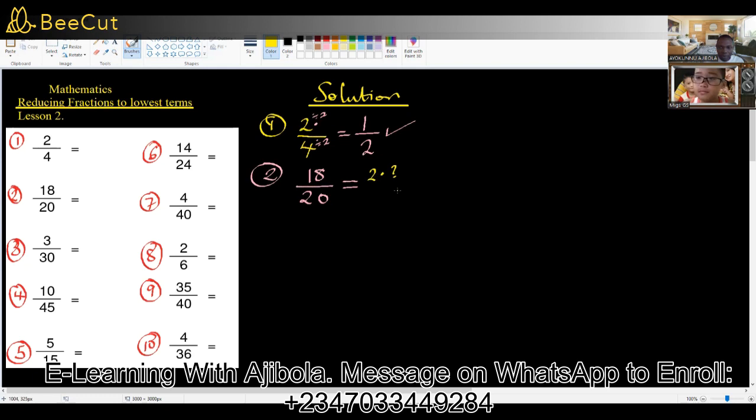What will I multiply by 2 to get 18? What number? Is it 2 times 1 that will give me 18? Or is it 2 times 5 that will give me 18? Or is it 2 times 9 that will give me 18?